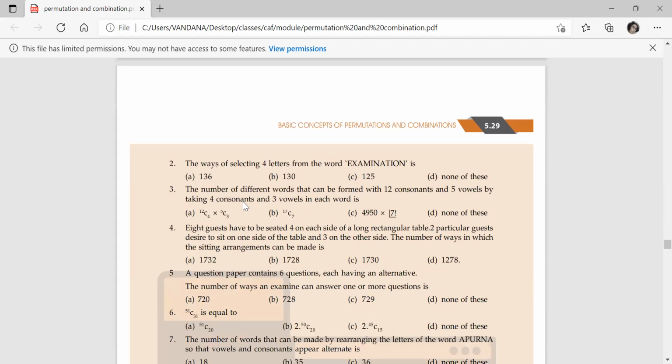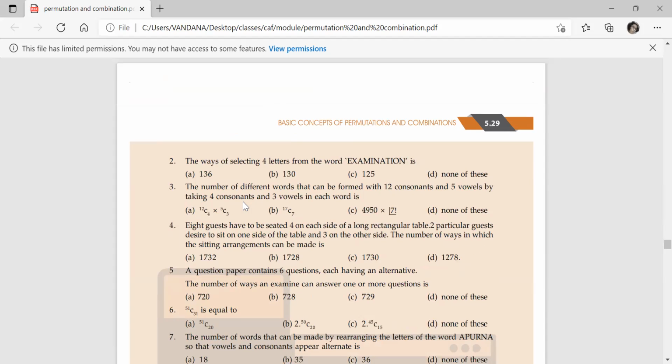Second, the ways of selecting 4 letters from the word examination is, this is a very unique sum.